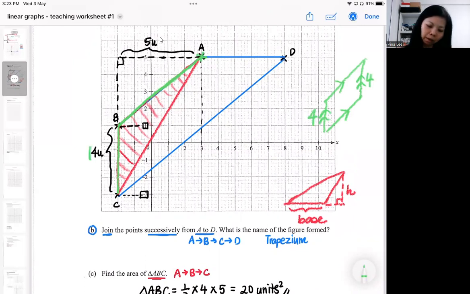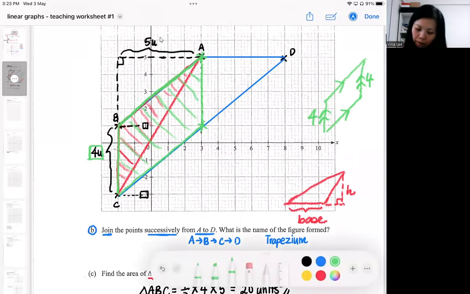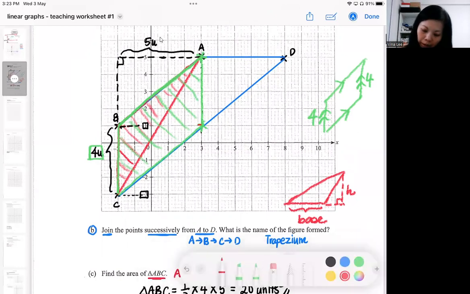So if this part is 4 units, then I'm expecting another 4 units here. So I will get a parallelogram. The green color part is the parallelogram. Then this will be the coordinate of E.